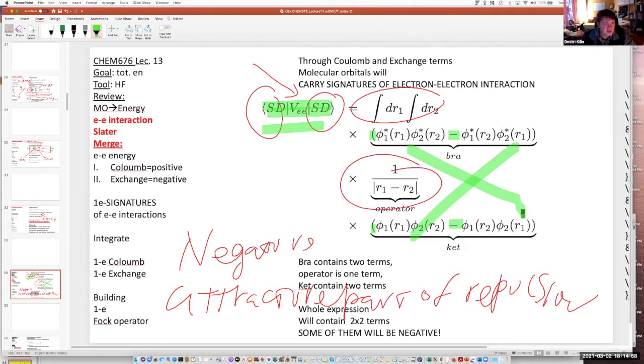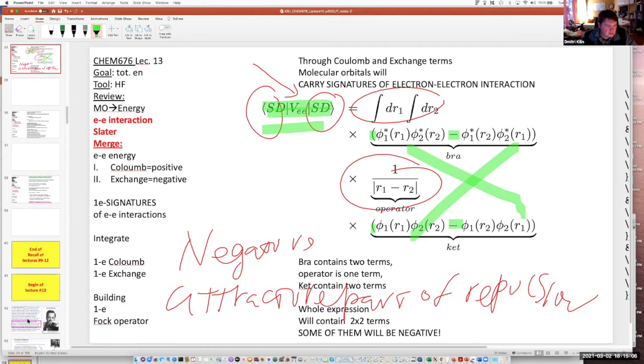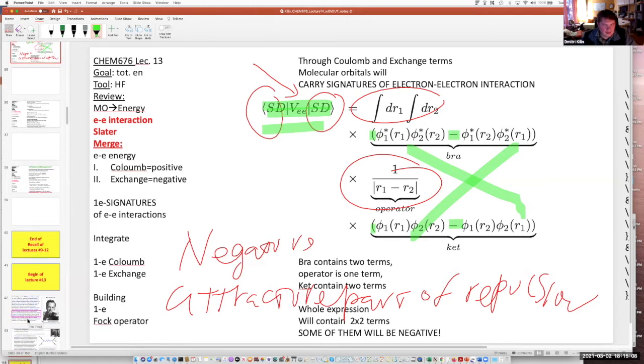So those are two qualitatively different contributions to electron-electron interaction. Those with plus sign correspond to positive energy, which means repulsion. Those with minus sign correspond to negative energy, which corresponds to attraction.